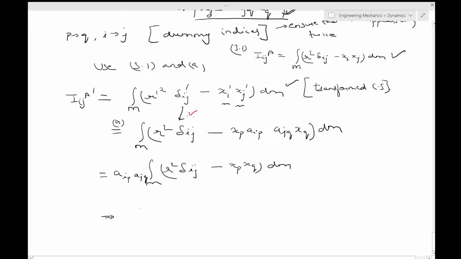This means that I_ij dash is equal to a_ip a_jq I_pq.